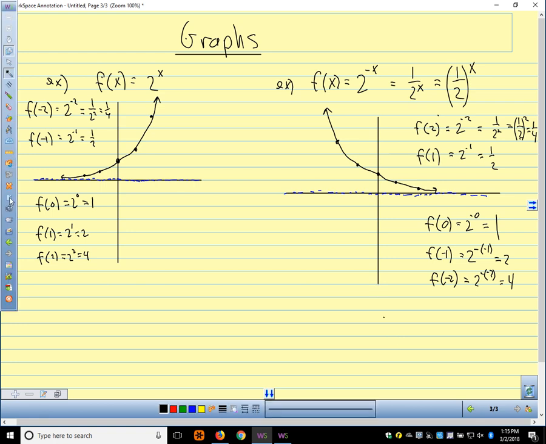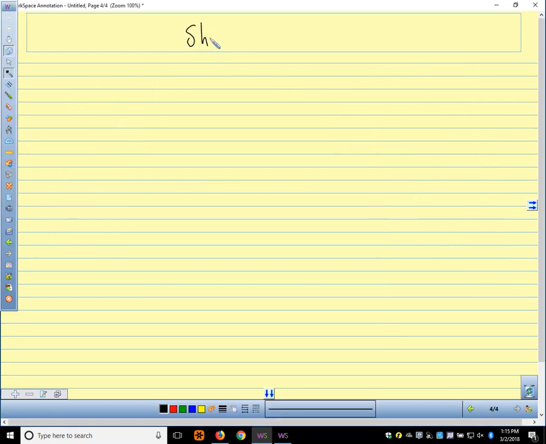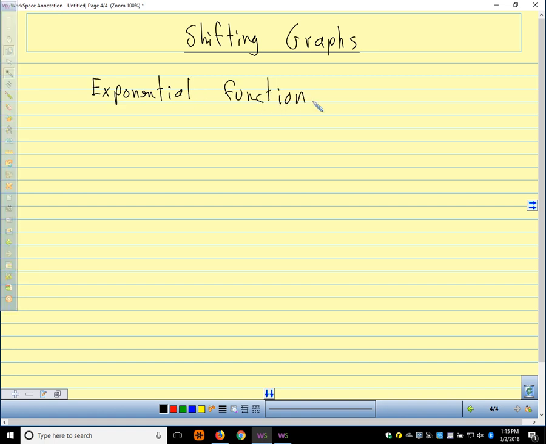Let's talk about shifting graphs. So really all I'm going to say about this is exponential functions shift, or I'm going to say transform, like any other graph.